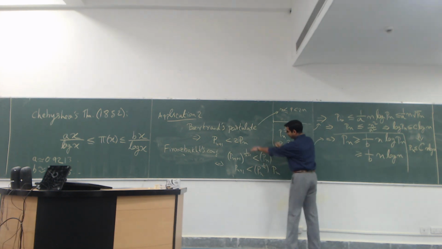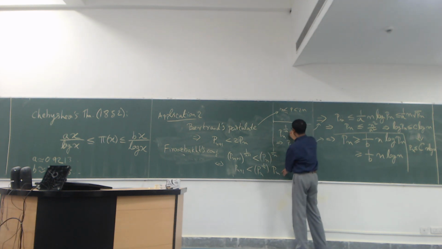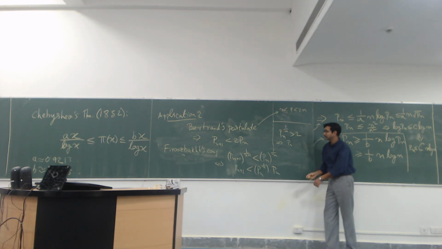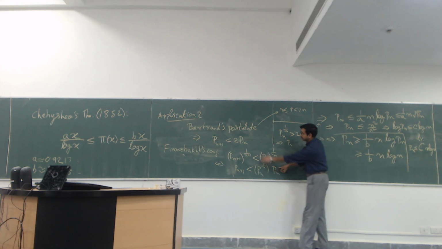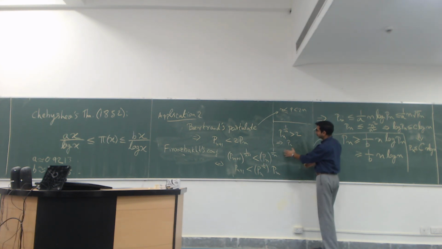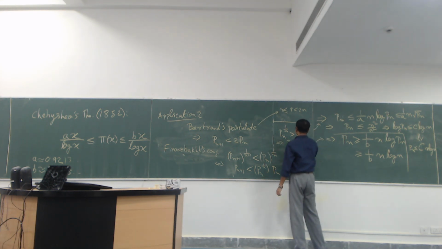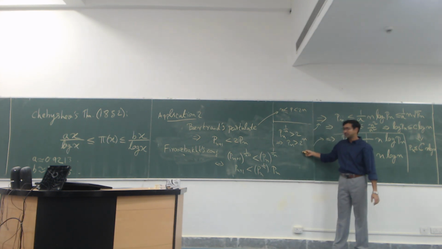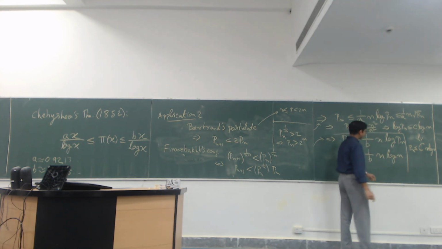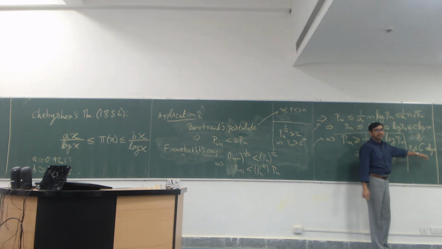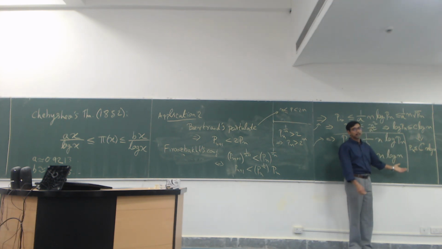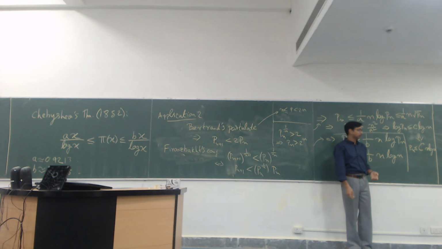I mean, this would imply this if this is larger than this. Right? If this is larger than this one, then you would have that this is implying this. But note that this would imply that Pn is larger than 2 to the power n, which is not, because we just obtained that Pn is bounded between some constant times n log n and some constant times n log n.